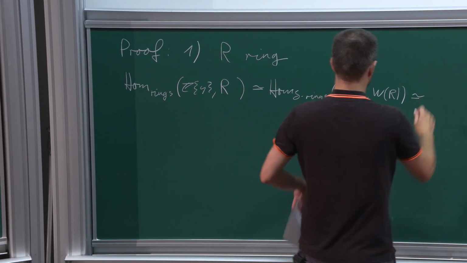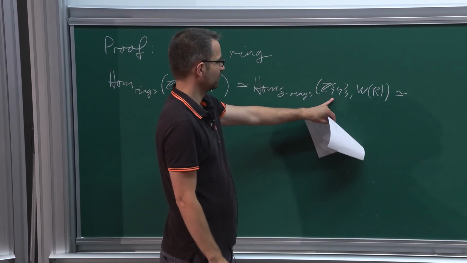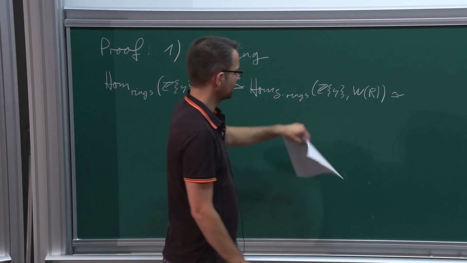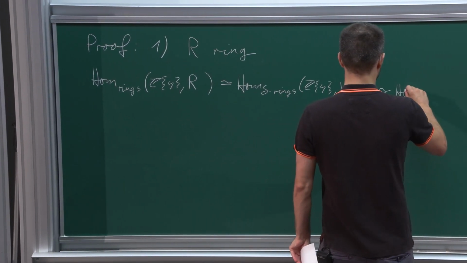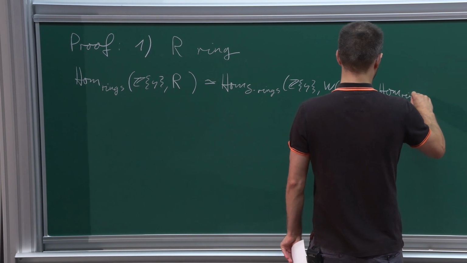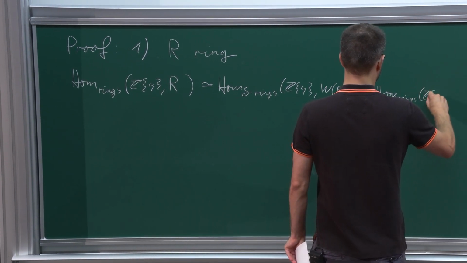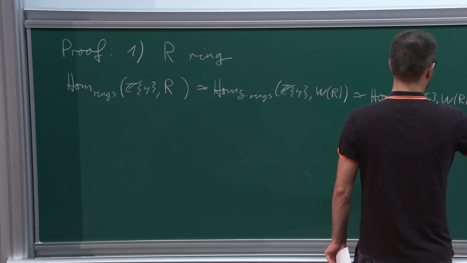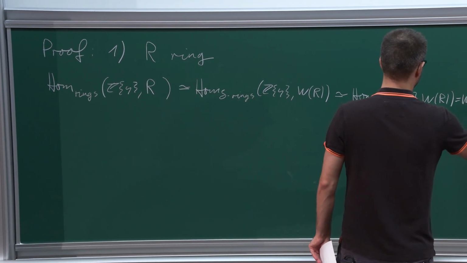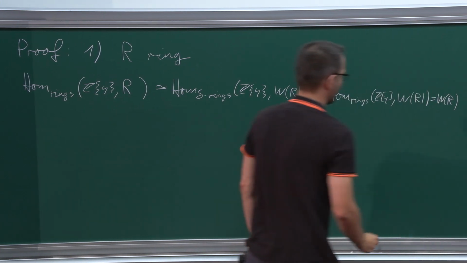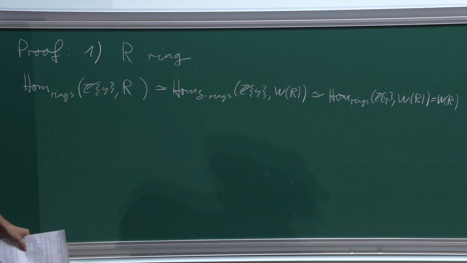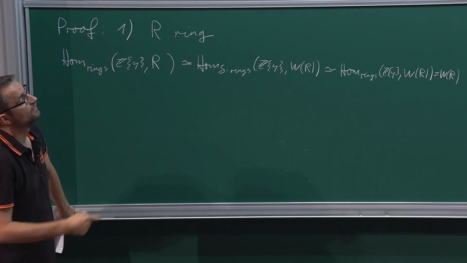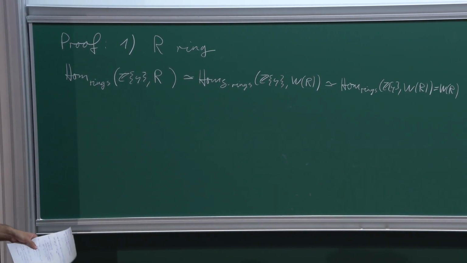And now I use the other adjunction, namely the free delta ring is the value of the left adjoint, and so that's the same as homomorphisms of rings from Z[x] to the Witt vectors of R. And so that's, of course, just given by the Witt vectors of R themselves. And so similarly, one proves the second part of the first claim.